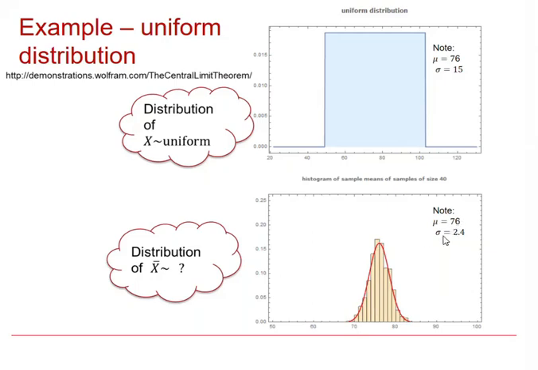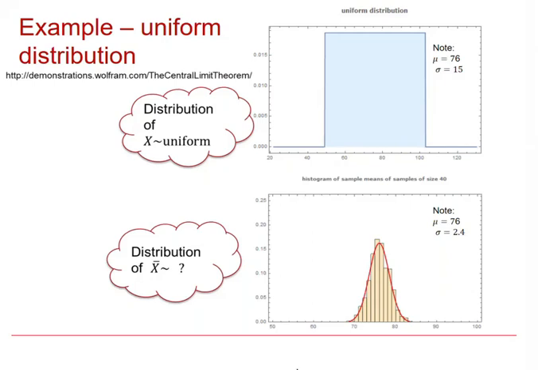And also note that the mean is exactly the same as the original population mean, but the standard deviation is much reduced, and you can see the spread again of those sample means is much less than the spread of the original population.